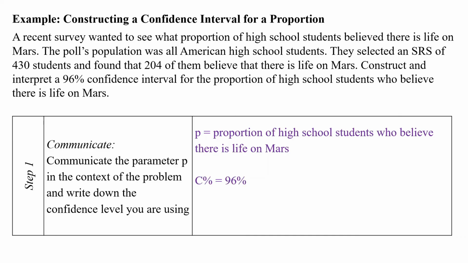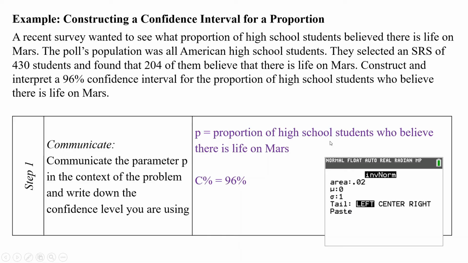We want to write down our confidence level, which is always given in the problem. And this is also a good step where we write down what z star is. So z star, if I want to be 96% confident, that means that I have 2% in each tail.